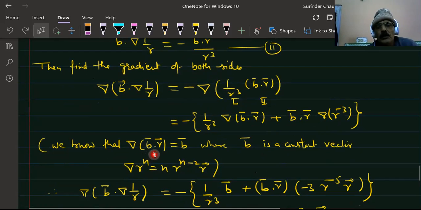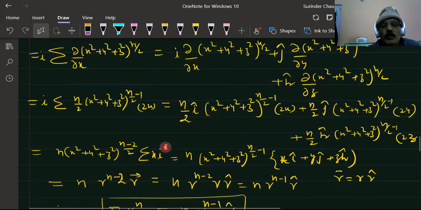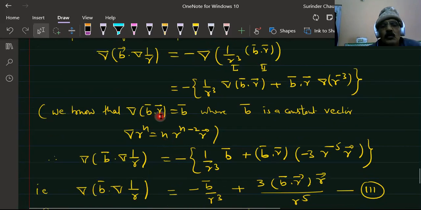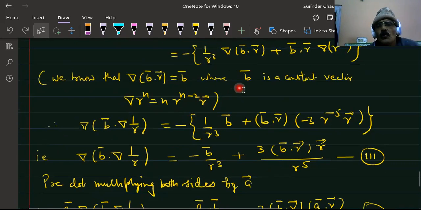We know the gradient of b vector dot r vector. In the previous step we have proved that the gradient of b vector dot r is equal to b vector, since b is a constant, and the gradient of r to the n is equal to n r to the n minus 2 into r vector. Now we are using this.